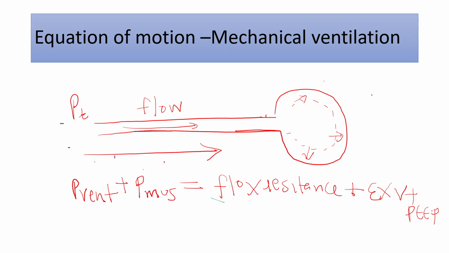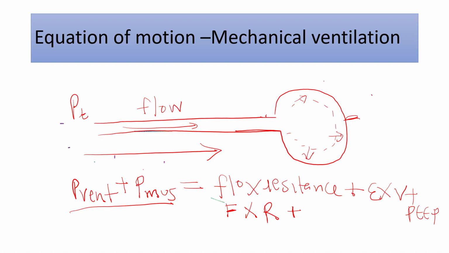Now let's try to understand the components. The total pressure, P vent plus P mus, is equal to flow into resistance plus elastance into volume plus PEEP. Elastance is the opposite of compliance. If the alveoli are highly elastic and the ability to distend is poor, like in a COPD patient, the compliance will be low.